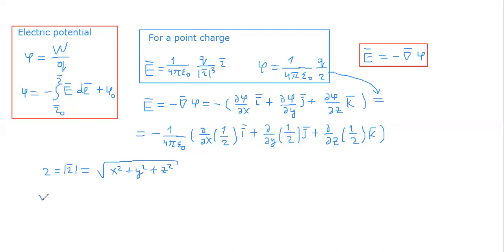So it means that d by dx of 1 divided by r is equal to d by dx of 1 divided by the square root of x squared plus y in second order plus z in second order.